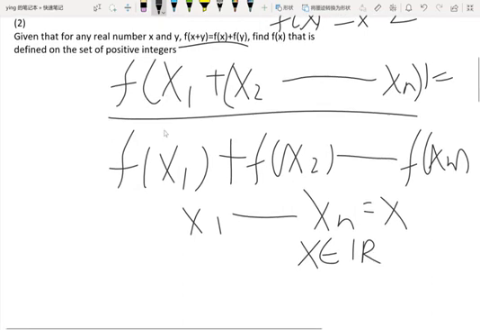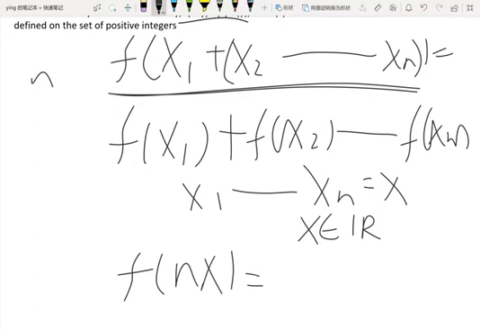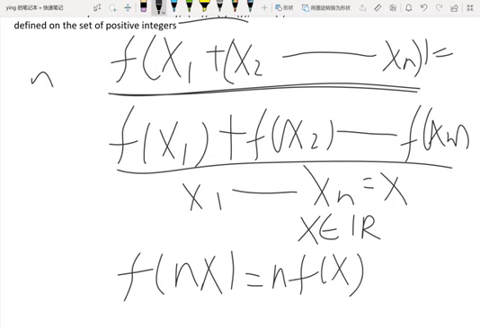When we do this, we will find that because there are n variables here, that will be nx, and it equals n functions here, so nf(x), where x is a real number and n is a positive integer.